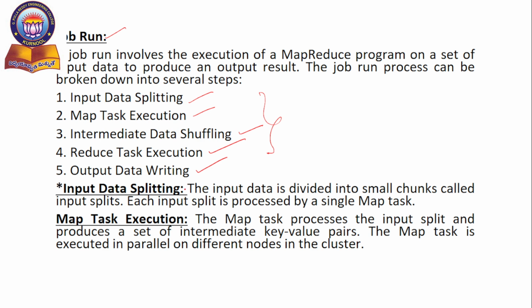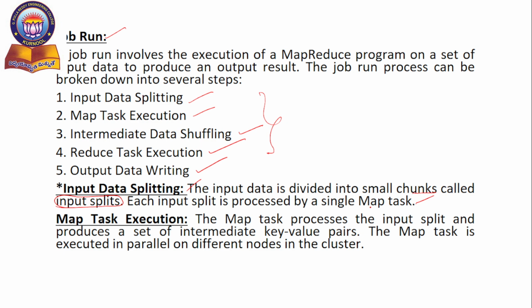The first one is input data splitting. The input data is divided into small chunks called input splits. Each input split is processed by a single map task. So the data will be split into small chunks which are called input splits, and these input splits will be supplied to each and every map task.